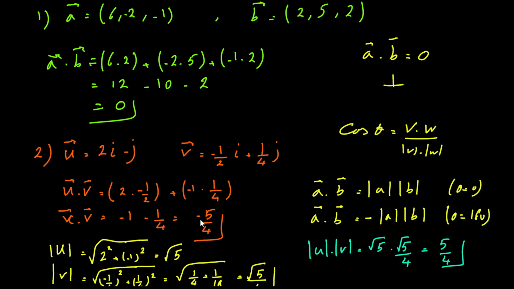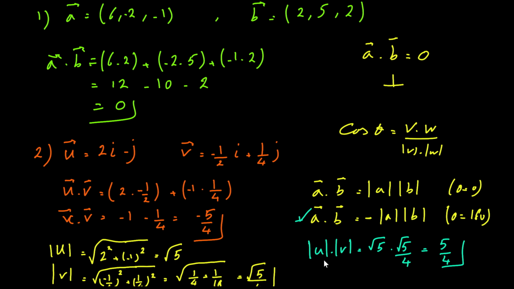I have negative 5 over 4 as the dot product. So the second property is true. Here A dot B is equal to the negative of the magnitudes multiplied by each other. So the angle between them is 180 degrees. So these two vectors are parallel.